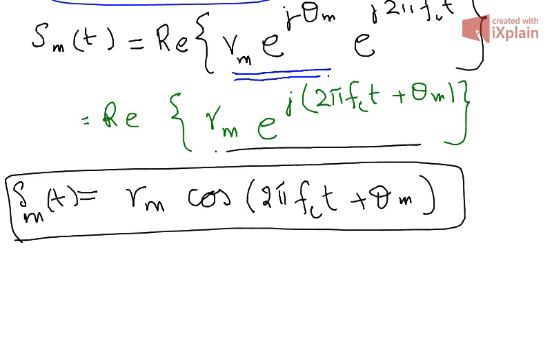Now, what is the significance of this representation? The significance is here. We can observe our QAM modulated signal as an amplitude modulation and phase modulation, a combination of amplitude and phase modulation. We can observe our QAM, quadrature amplitude modulation, as a combination of amplitude and phase modulation.